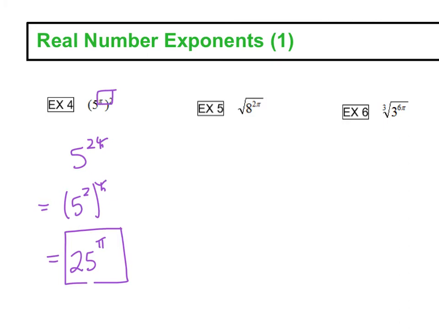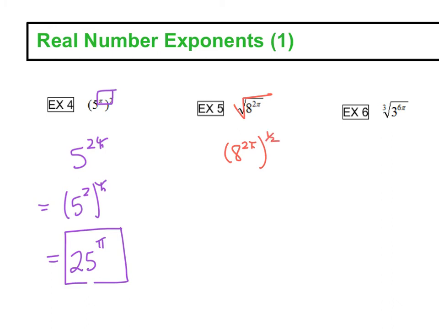All right, so our next example, we have 8 raised to the 2 pi power, but it's the square root of 8. This is what we call radical form when you have your radical in the problem. So let's go ahead and rewrite that in exponent form. So you have 8 raised to the 2 pi power, and then remember, if you're taking a square root, that's the same thing as raising something to the 1/2 power.